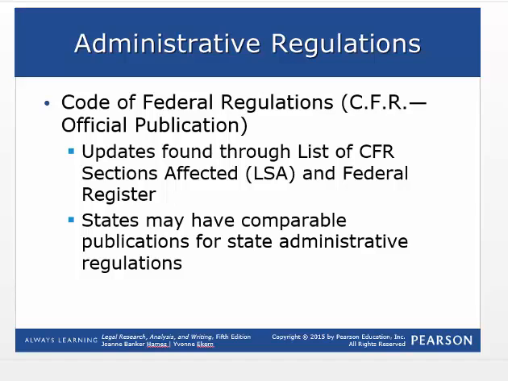There's public comment on that, and then the rule becomes law after that. You can still sue and say it's unconstitutional, but there's no voting that goes on. So administrative regulations are published in the Code of Federal Regulations, the CFR. They get updated as well.